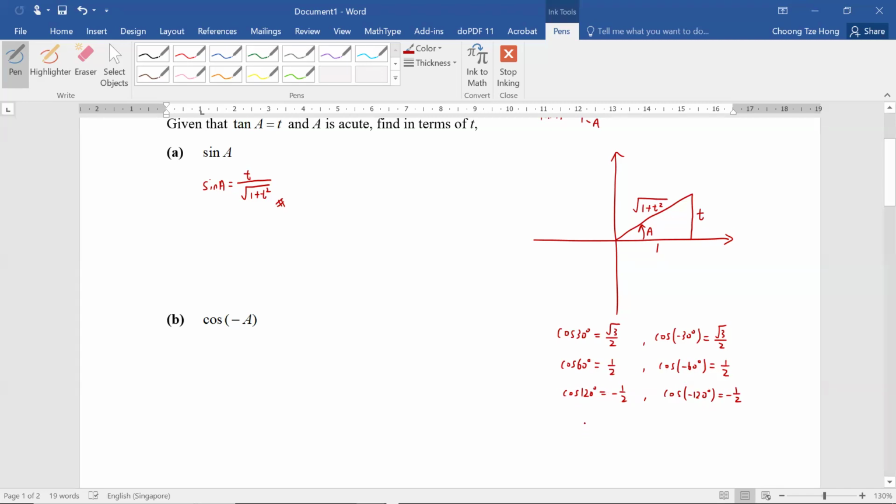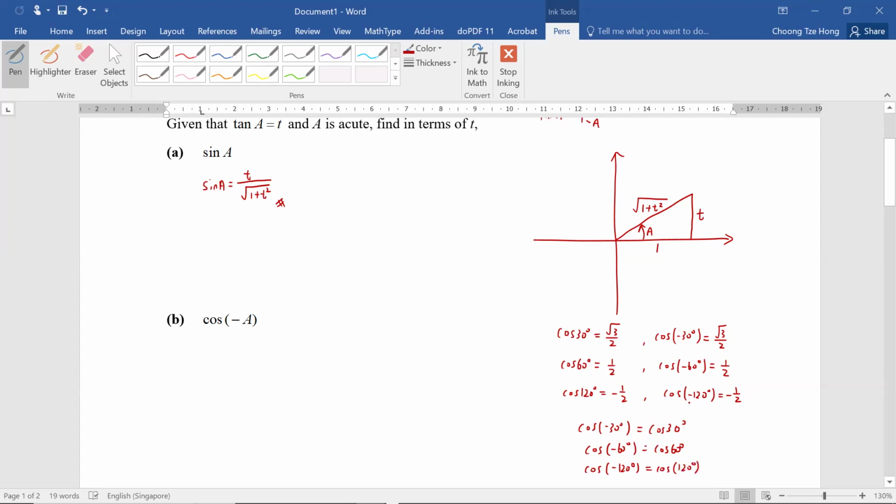In other words, cosine negative 30 is equal to cosine 30, cosine negative 60 is equal to cosine 60, and the same thing for cosine negative 120 is equal to cosine 120.